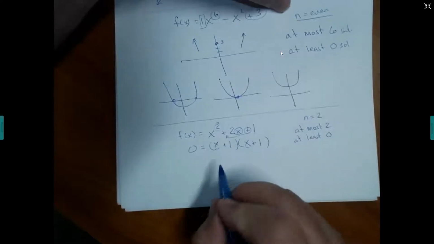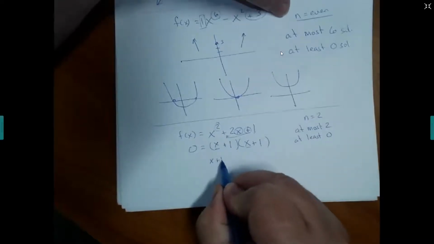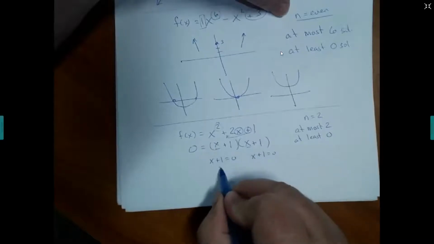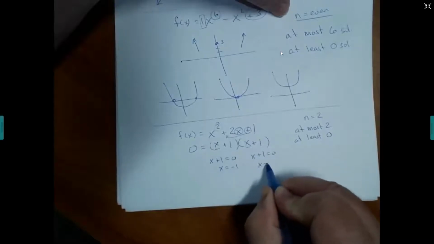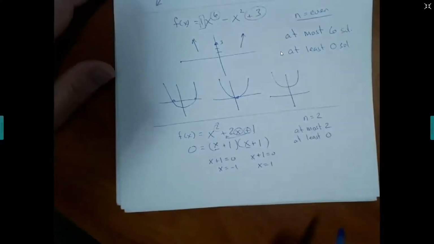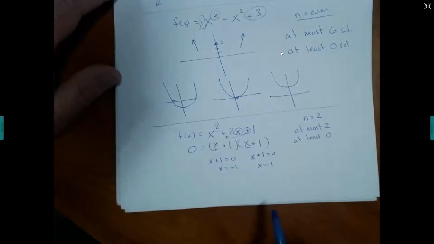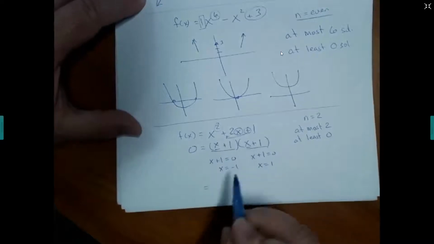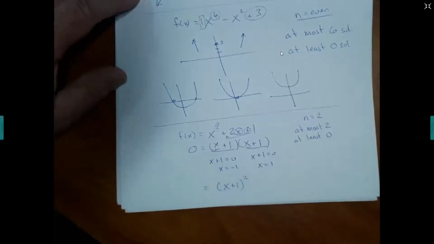So what are our solutions? Set those equal to 0. We're going to see it's going to be the same answer. X equals -1. So what does the graph do at -1? Does it cross? Does it touch? Well, here we have x plus 1, x plus 1. We can write that as x plus 1 squared. We have 2 answers. They both have to be the same.